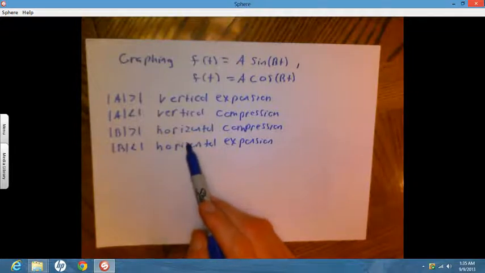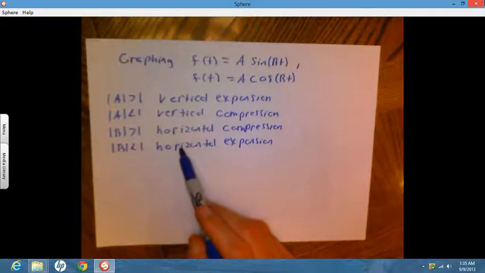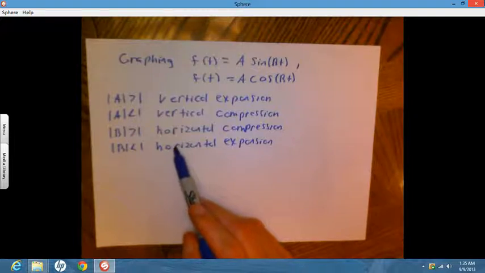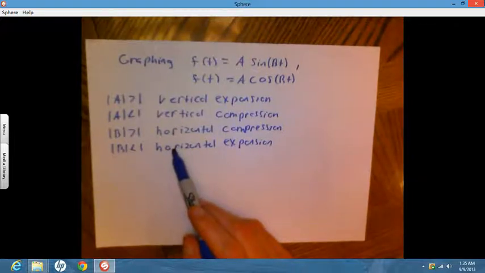Say you're traveling between 0 and 2 pi, if b were equal to 2, then you're going twice as fast. So to cover all your values, you just have to go between 0 and pi. And you wouldn't have a 2 pi periodic function anymore. You would have a pi periodic function, which we'll see.